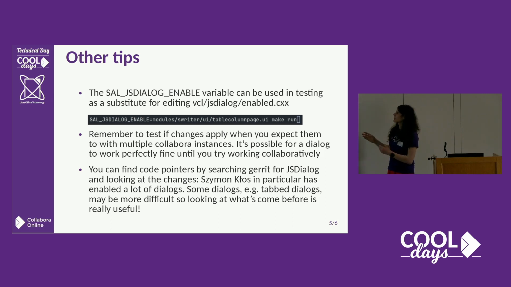If you just use that, you won't need to recompile your version of LibreOffice in order to enable the dialog. Remember to test if the changes apply when you expect them to, because if you haven't made it run async, then they won't always apply.